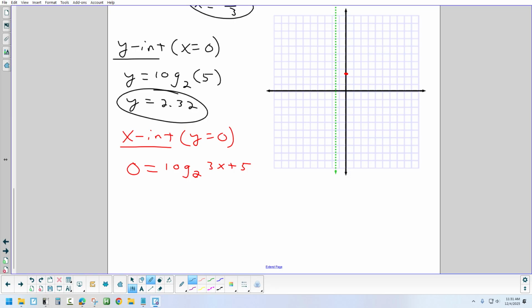Do we rewrite it? How would you rewrite it? Log of 3x plus 5 over log 2. So doing that kind of rewrite, well, not incorrect, won't help us a ton.